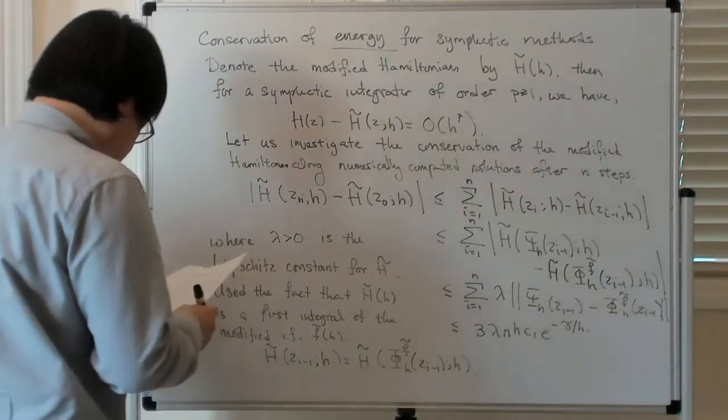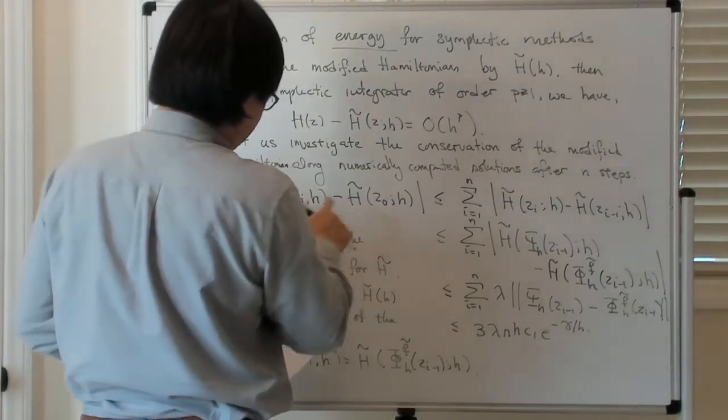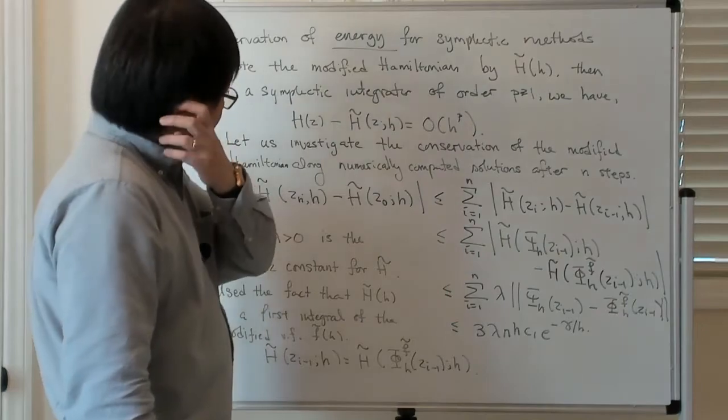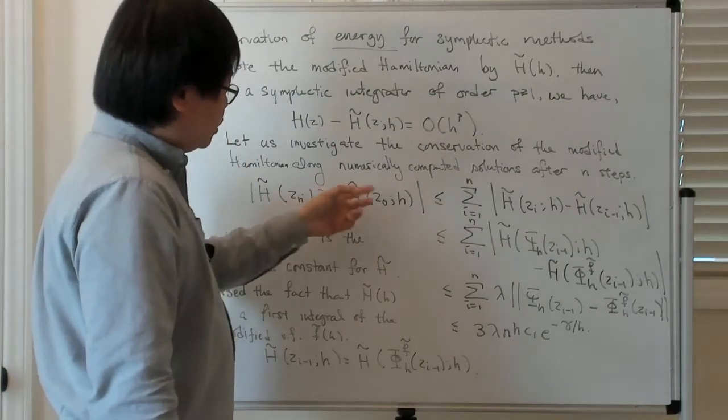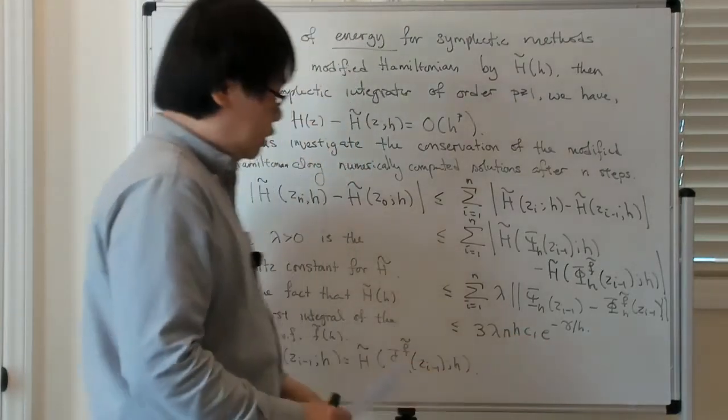All right. So what that more or less tells you is that the change in the modified Hamiltonian along this numerical solution generated by the symplectic integrator is again exponentially small in the time step.